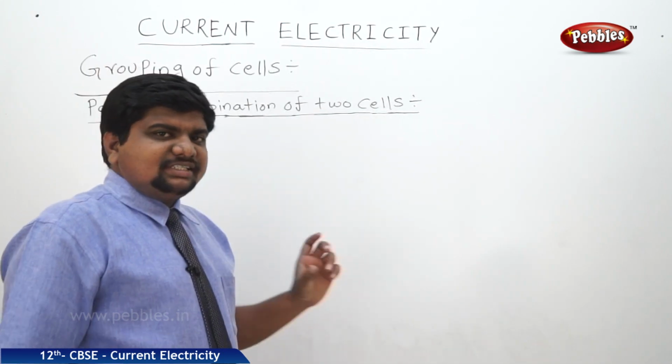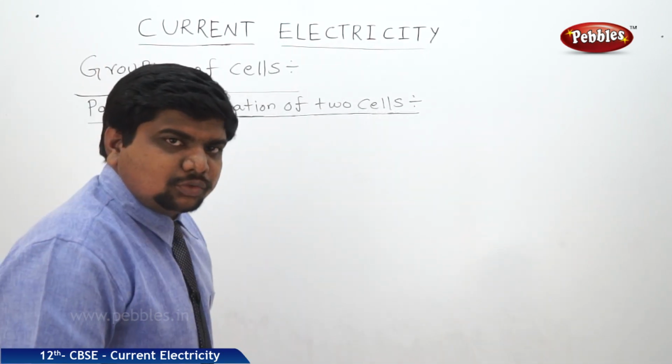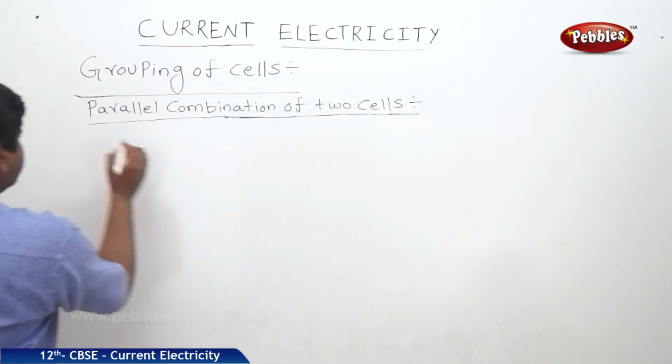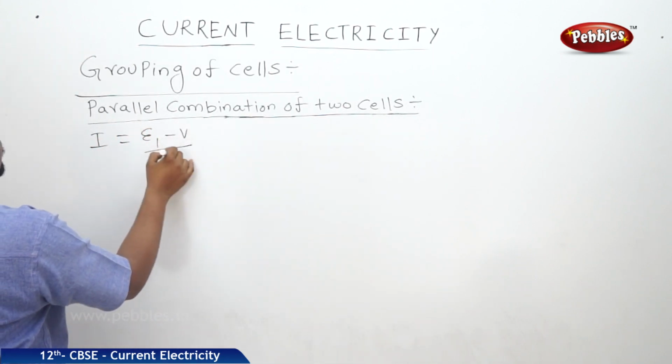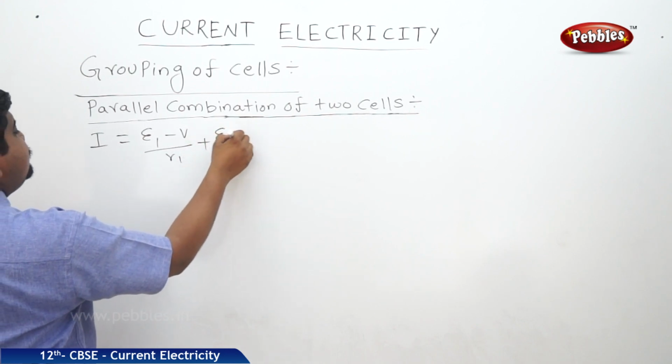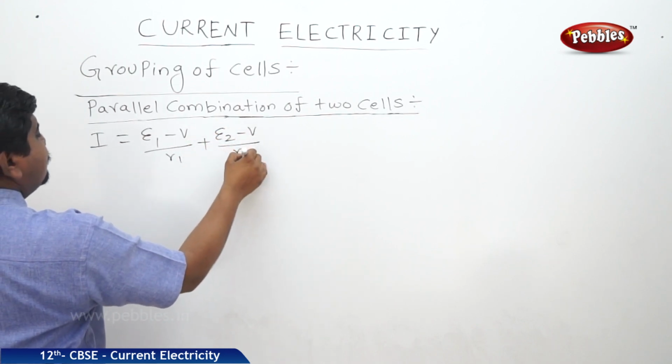Now we will see the resultant potential of the two cells which are connected in parallel. We know that I is equal to E1 minus V by R1 plus E2 minus V by R2.